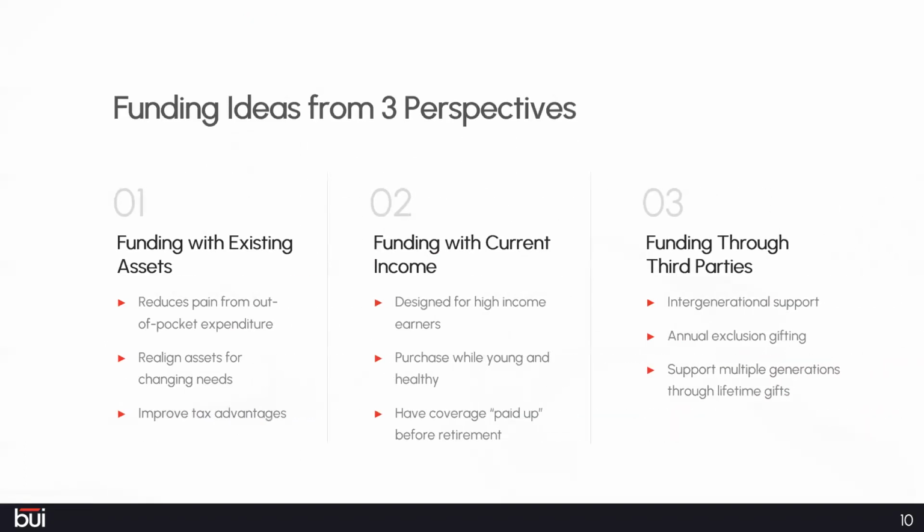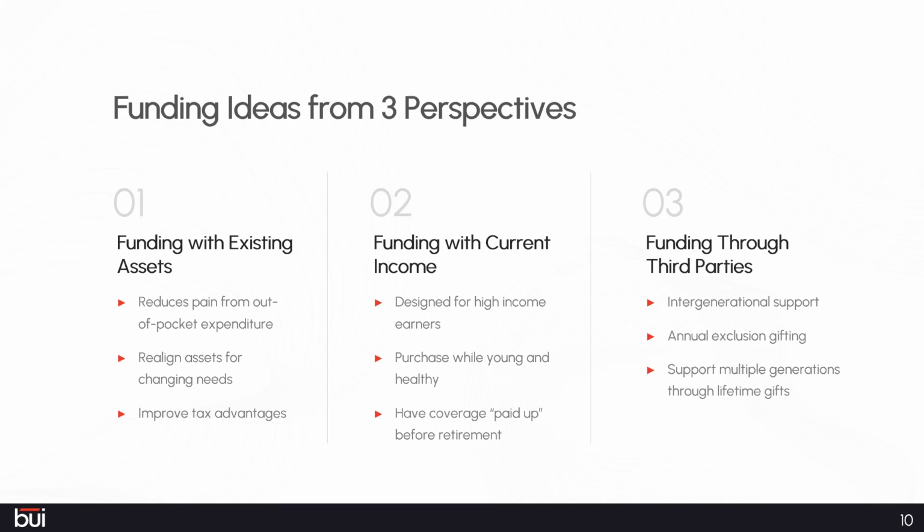Okay, and that heads into our agenda today. We've broken up our presentation into 3 parts. Part 1, case studies with ideas on how to fund long-term care with existing assets. Part 2, funding with current income, higher income earners, particularly in their 50s and peak income earning years.